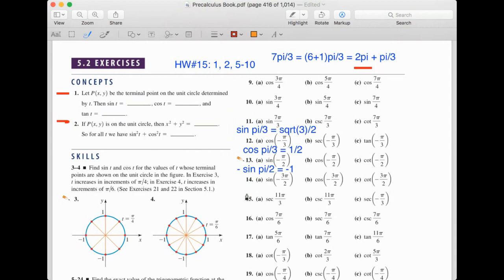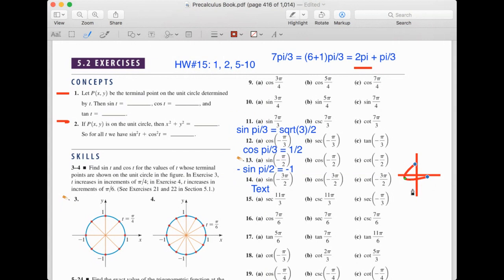Well, now let's look at 14. Let's think about this angle, right? This is negative 3 pi over 2. If we draw the picture, this is negative pi over 2, negative 3 pi over 2. So starting from here and running up to this y-axis, that's negative 3 pi over 2.